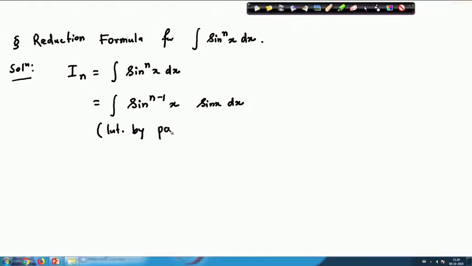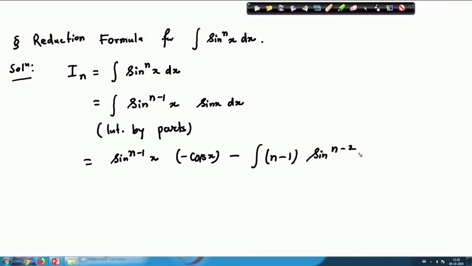So this will reduce to sin to the power n minus 1 x times minus cos x, minus (n minus 1) sin to the power n minus 2 x times cos x times minus cos x dx. So it's the differentiation of the first function, which was sin n minus 1 x, times the integration of the second function, which was sin x. Hence we are getting minus cos x.